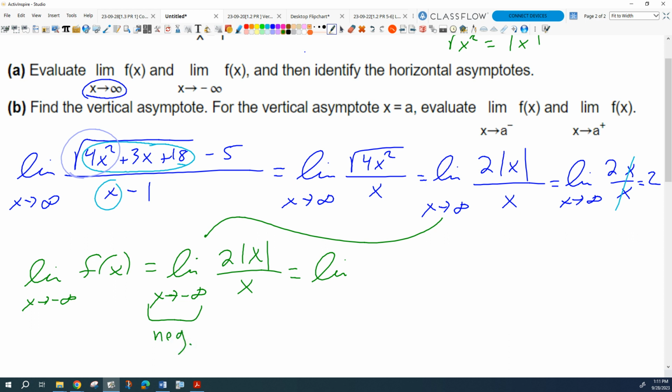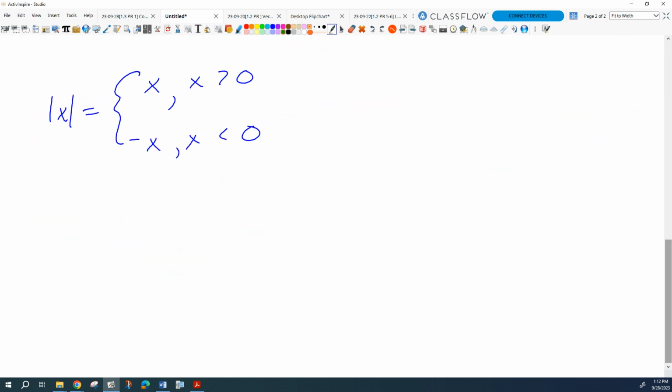So that means I can replace that absolute value of x with negative x, right? Anybody see that? Okay, how come? That's why. An absolute value function is equal to the opposite of x whenever x is negative. Okay, we go back to that a lot.